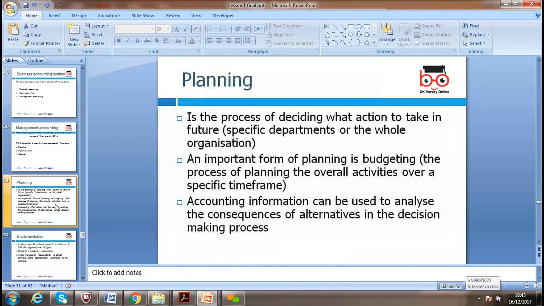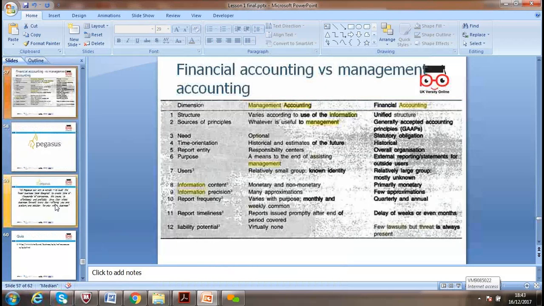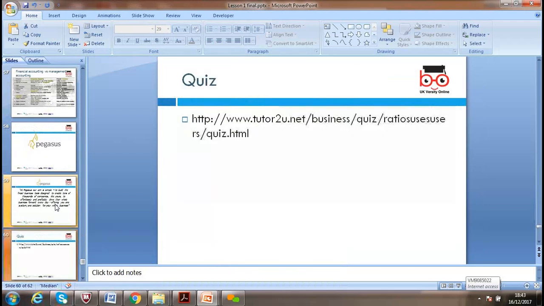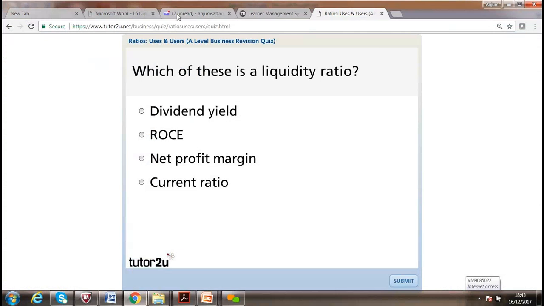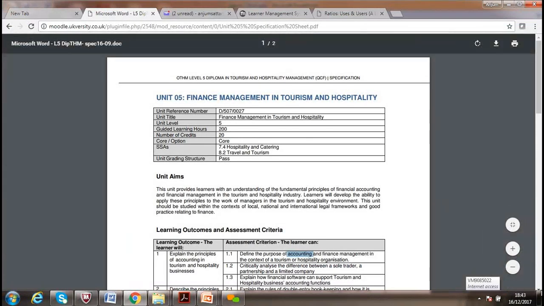So that's really all about what we learned today. Today we learned what the difference is between management accounting and financial management. If we go back to our learning outcome: define the purpose of accounting and financial management.